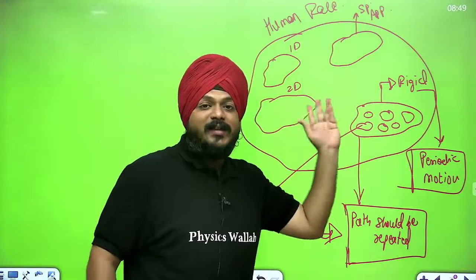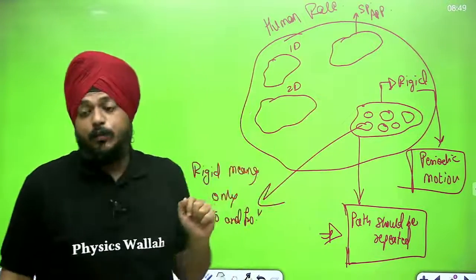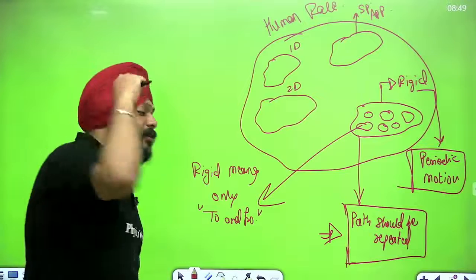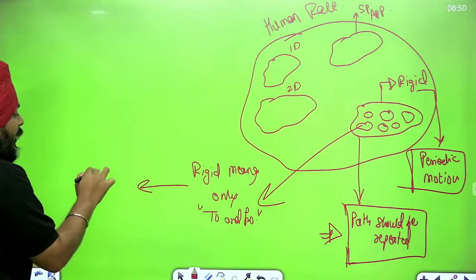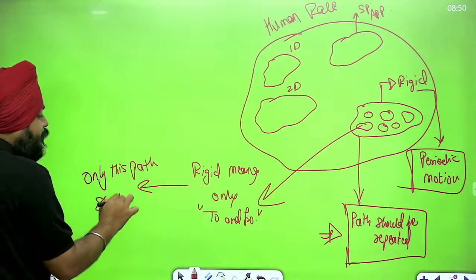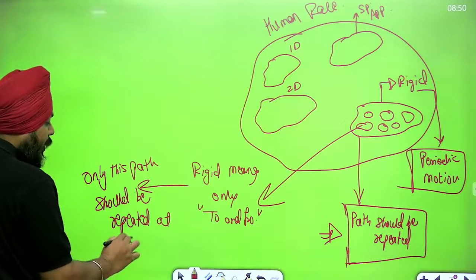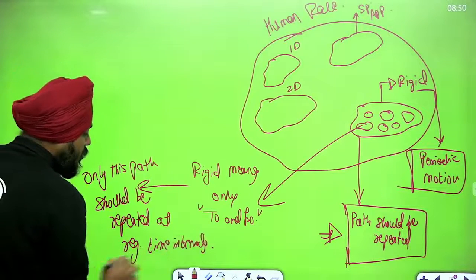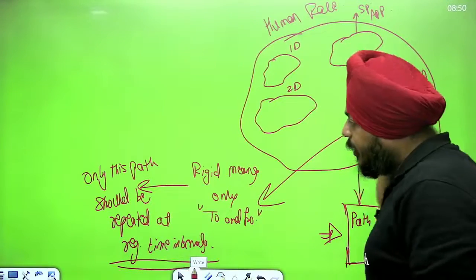But among this civilization, there exist small groups that are more rigid than periodic motion. Again, I am saying more rigid. The path is also fixed, and only this path should be repeated at regular time intervals.